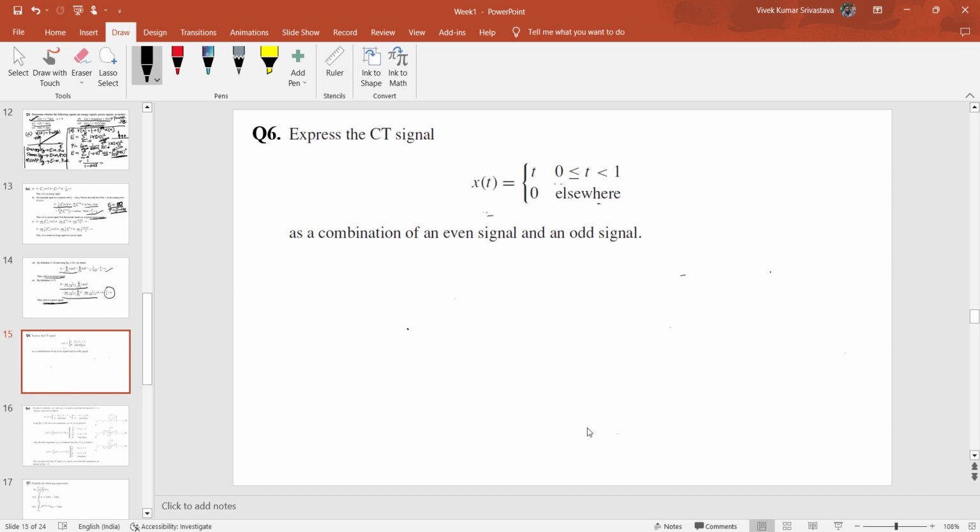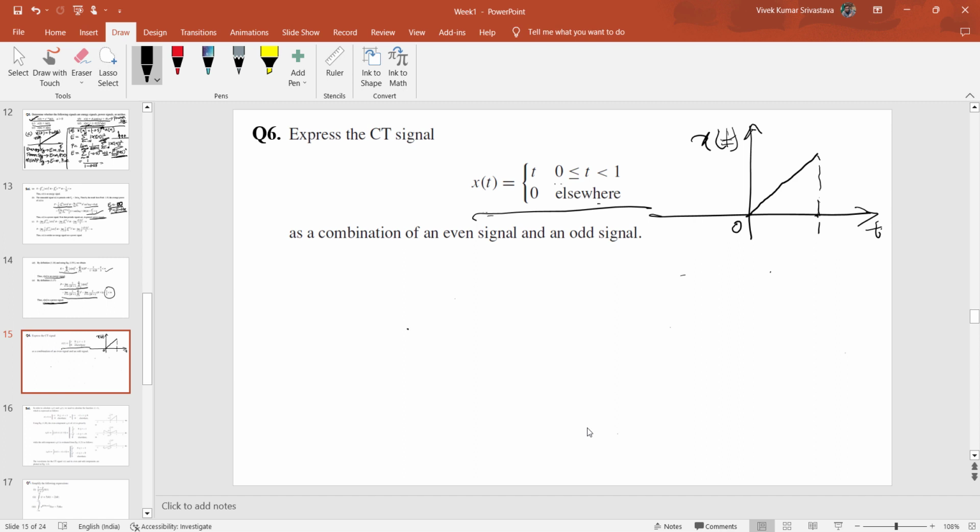Okay, so x of t is given to us, that x of t is plotted such that from 0 to 1 interval it is equal to t. So this is basically x of t.